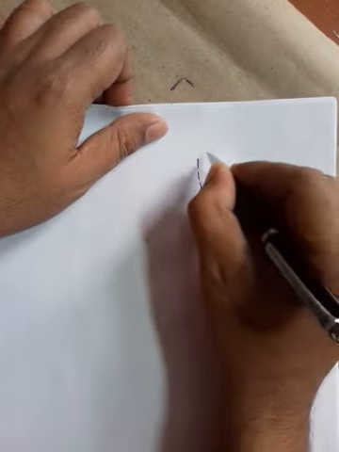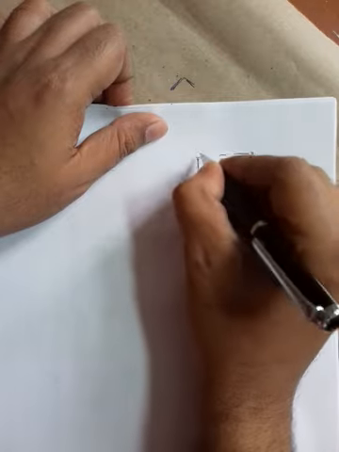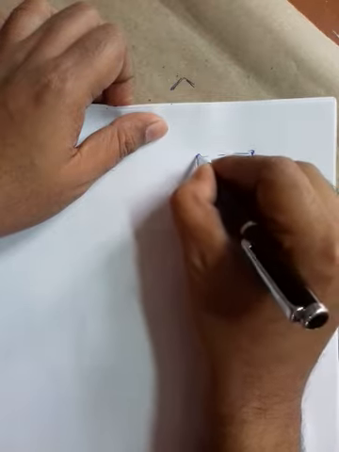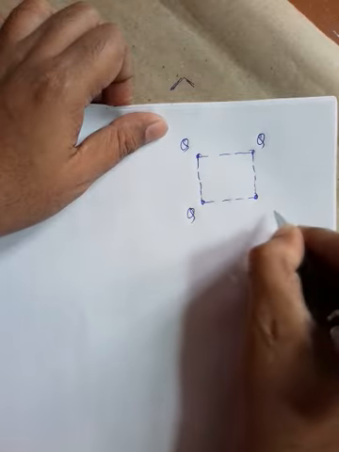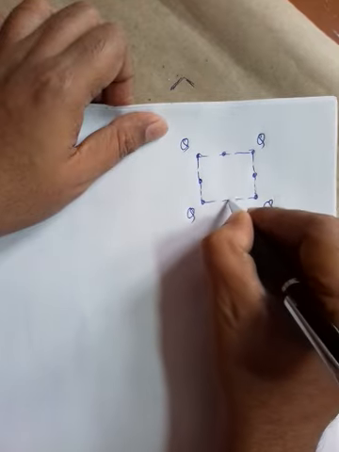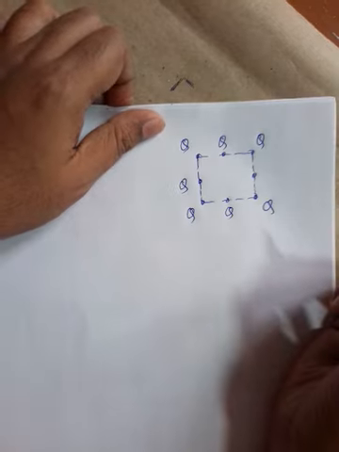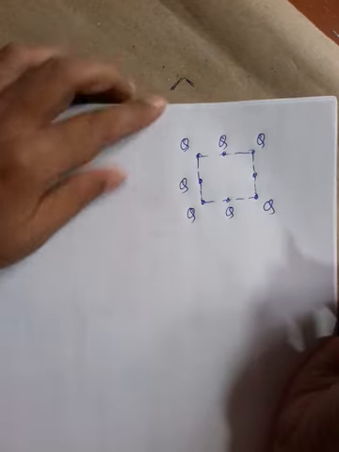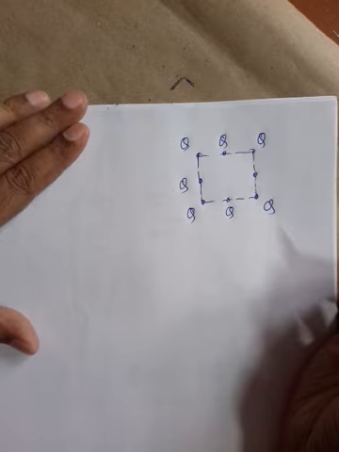Say for example, I am drawing the figure here. Actually here a large number of point charges are placed. Clear?